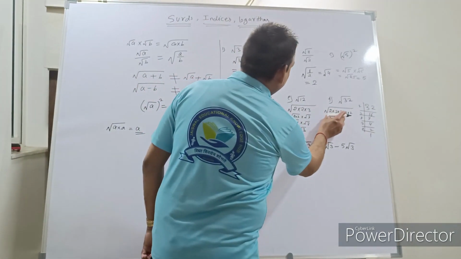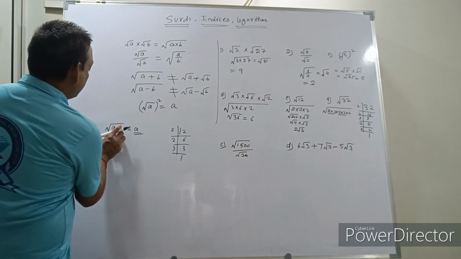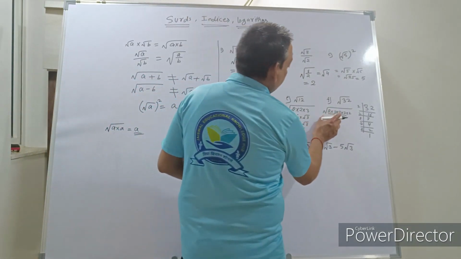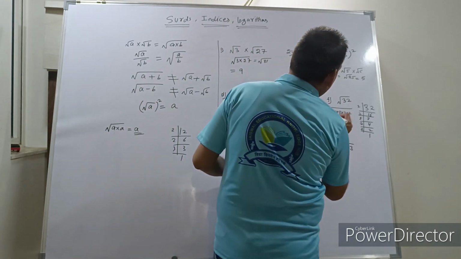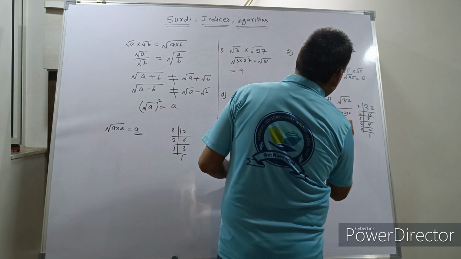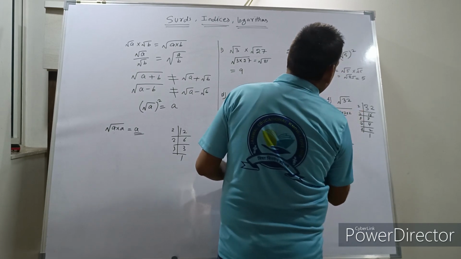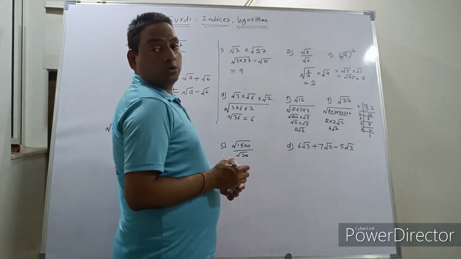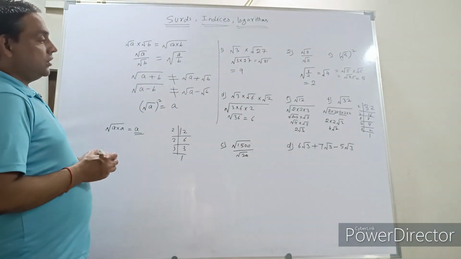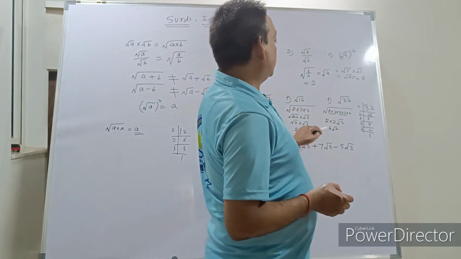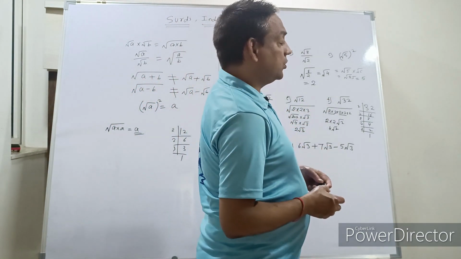From these two, how did we write the formula? Square root of a into a is equal to a. So square root of 2 into 2, 2 will be outside. Square root of 2 into 2, again 2 is outside, and this root will remain as it is. So it becomes 4 root 2. Square root of 32 is nothing but 4 root 2.